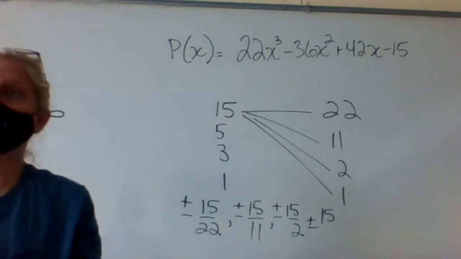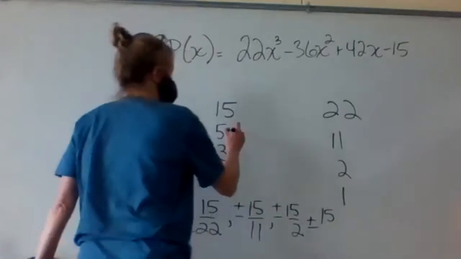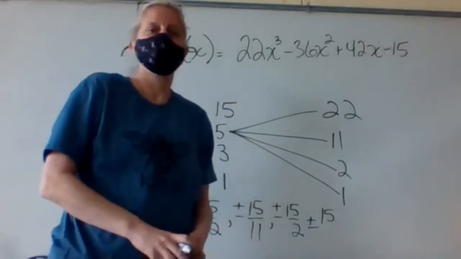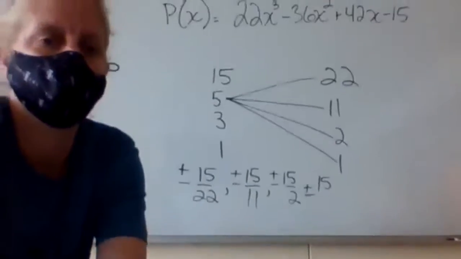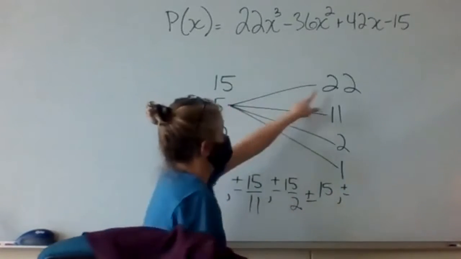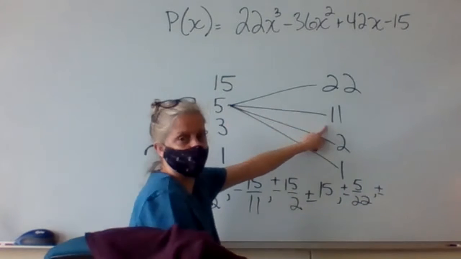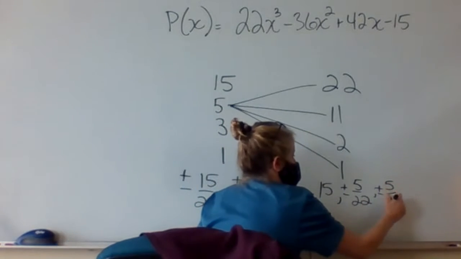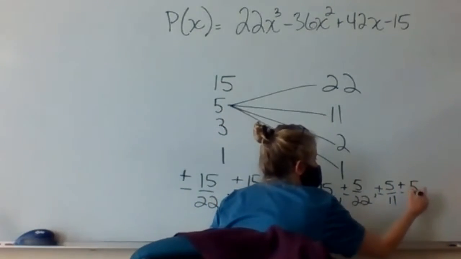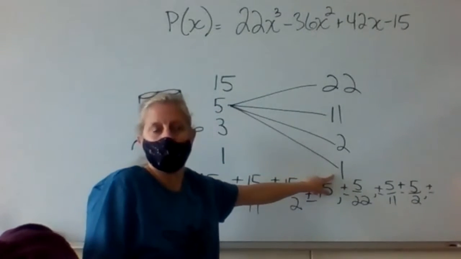Then do it with the 5. Same thing. So plus and minus 5 over 22, plus and minus 5 over 11, plus and minus 5 over 2, and plus and minus 5 over 1.